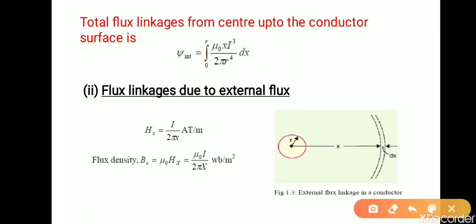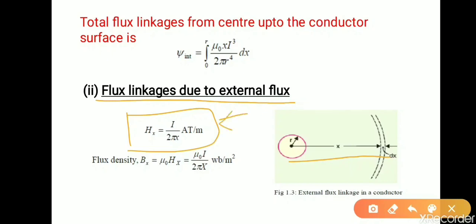Now we are going to discuss the flux linkage due to the external flux at a distance of x meter from the center of the conductor. The magnetic field intensity at a distance of x from the center of the conductor is given by H(x) equal to I upon 2πx ampere turn per meter, as we have already discussed while deriving the flux linkage due to the internal flux.